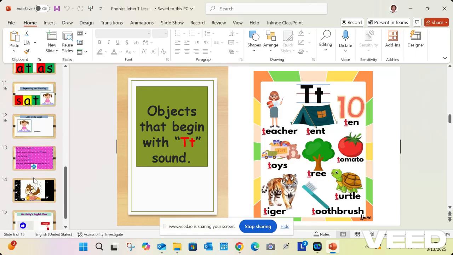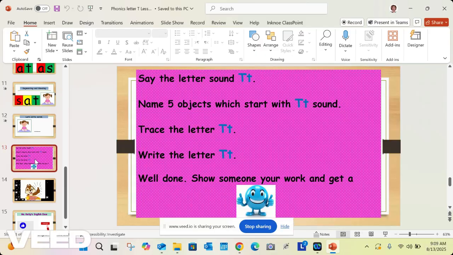All right. So the next one is I want you to have more practice on tracing the letter t sound, the uppercase and the lowercase. I want you to have so much practice so that you can be able to write it confidently. So after tracing, you are going to write the letters independently in your notebook, okay?